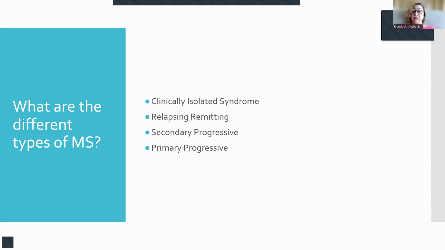And then there is another type of disease from the onset, which is called primary progressive. These patients have spots similar to MS patients in their brain, and they have neurological symptoms similar to secondary progressive, but the progression started from the beginning.